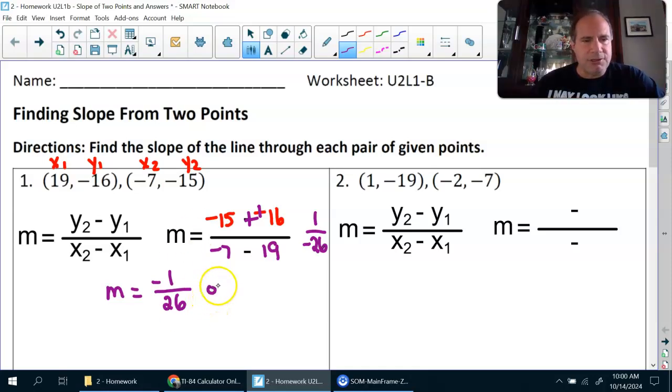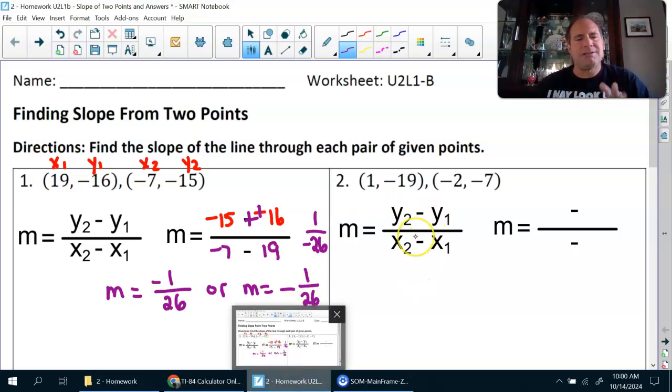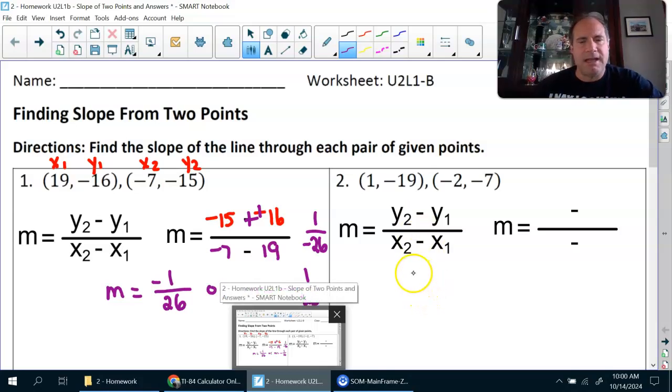Or you could put it m equals a negative out in front of the fraction, 1 over 26. As long as it's a negative fraction, that'll be good.